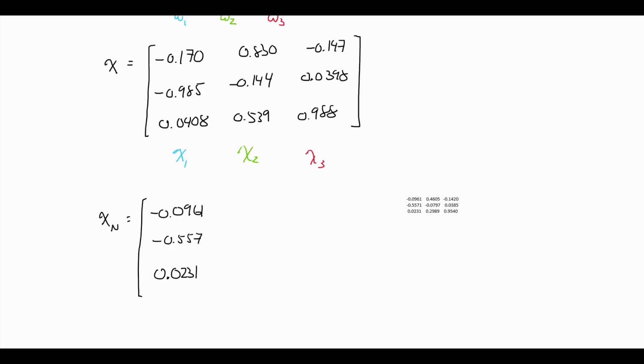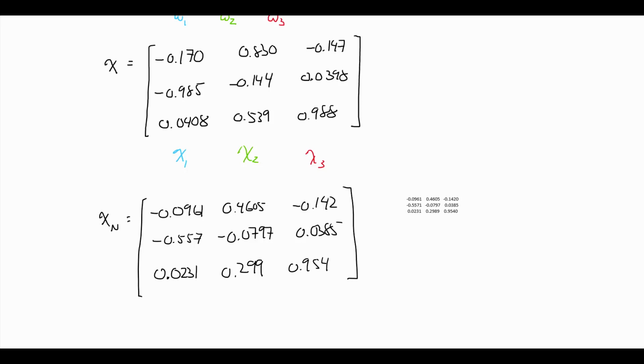For the second column, I get 0.4605, -0.0797, 0.299 if I round, and -0.142, 0.0385, and 0.954.